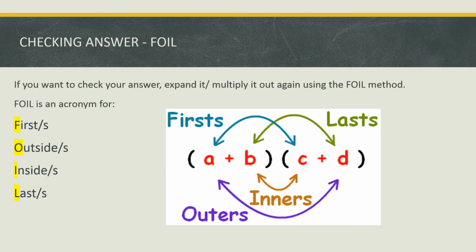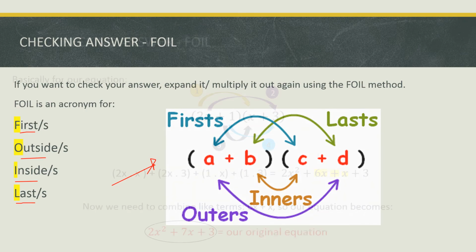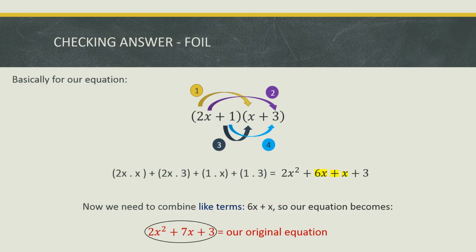Now, if you want to check your answer, all we have to do is expand it or multiply it out again using the FOIL method. FOIL is an acronym for first, outside, inside, and last, as you can see from this picture. Basically, for our equation, we have to do 2x times x first.